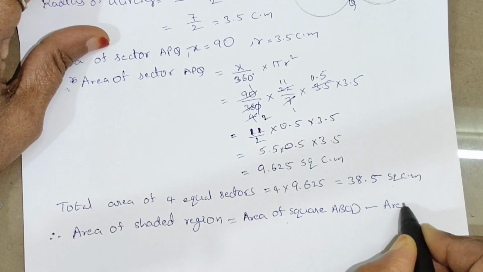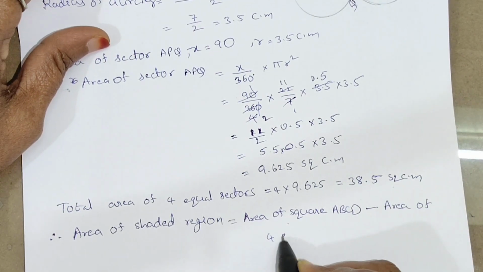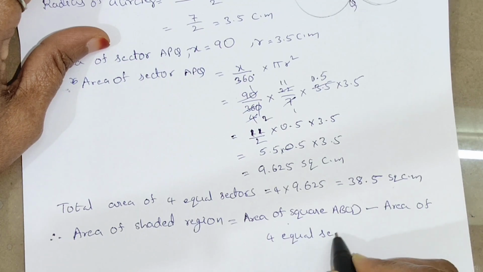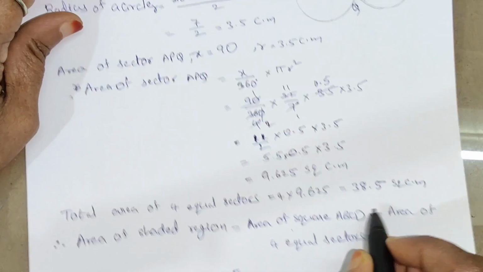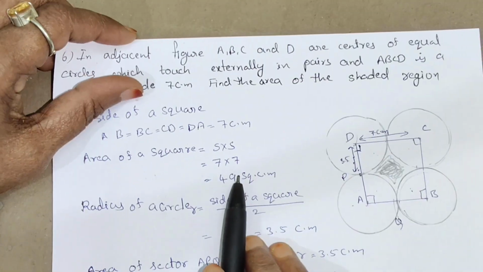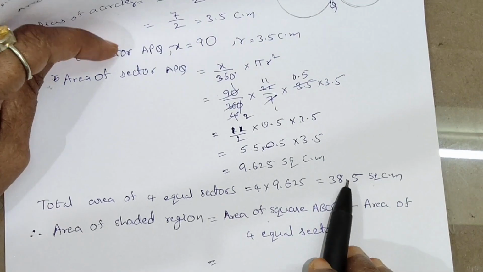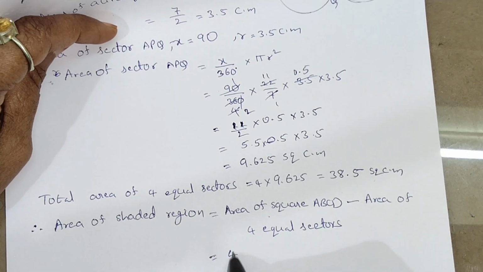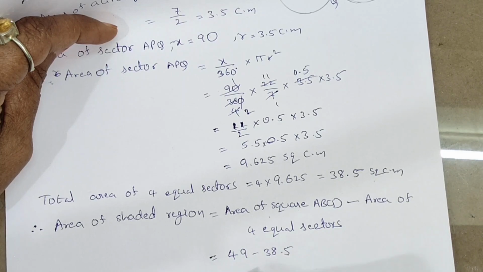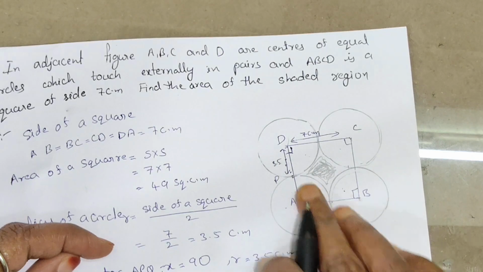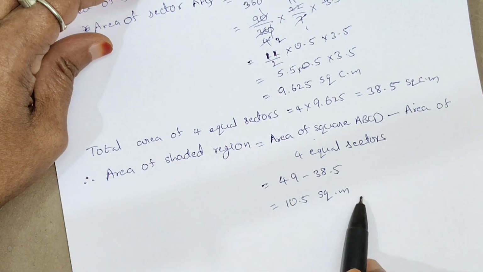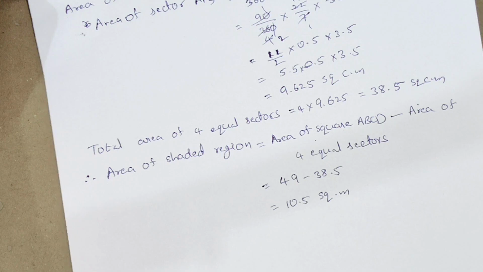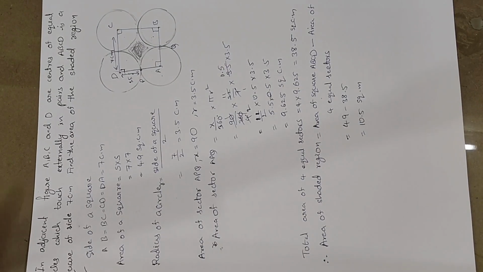The area of the square is 49, and subtracting 38.5 gives 10.5 square centimeters. This is the shaded region area. This is the complete 6th solution.